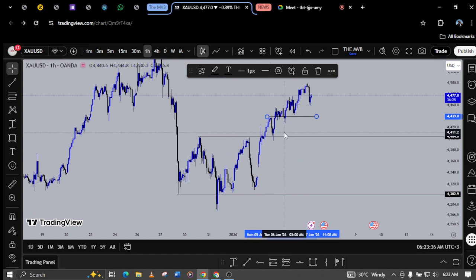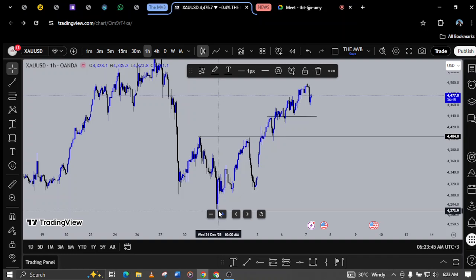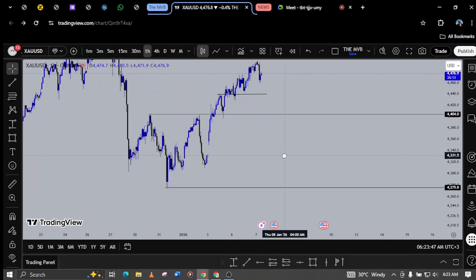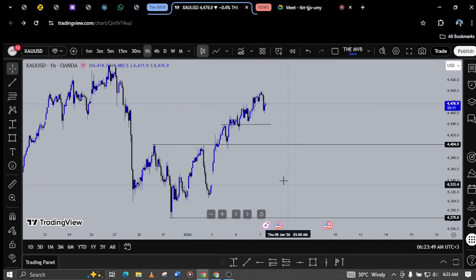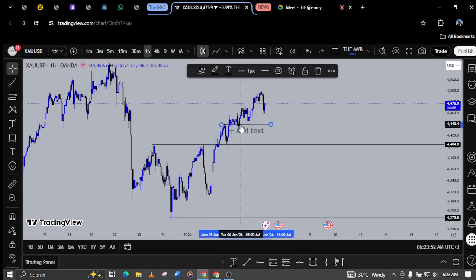We had a major transition, and then price did not come all the way in towards our major structure, right? You can see price just creates minor structures and then moves all the way.